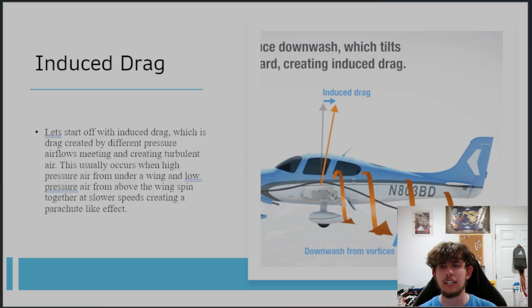Induced drag is increased as an aircraft goes slower, and is sort of reduced the faster a plane goes, as that air coming off the wingtips doesn't create as much of an effect. It's more equalized quicker.